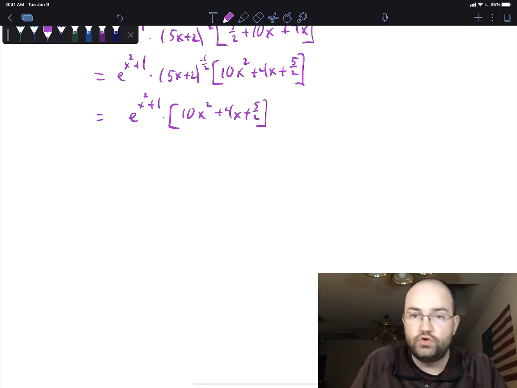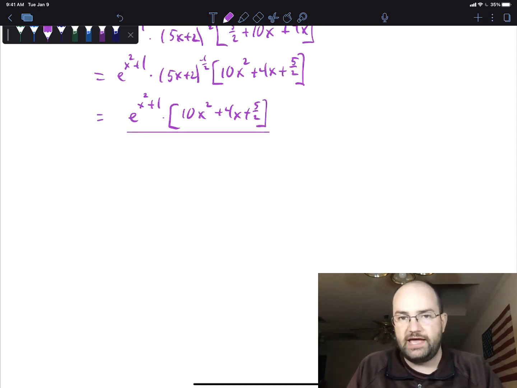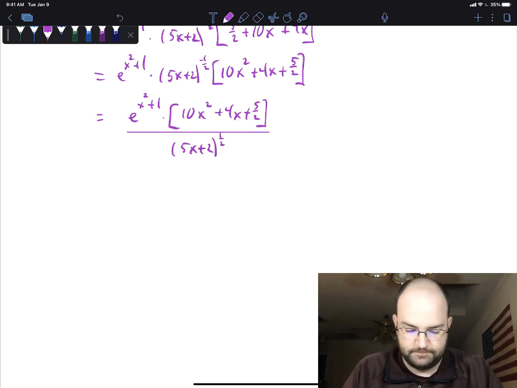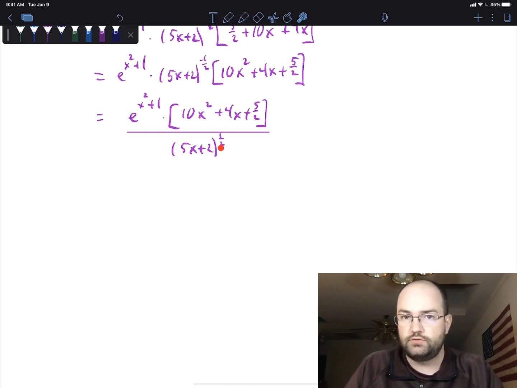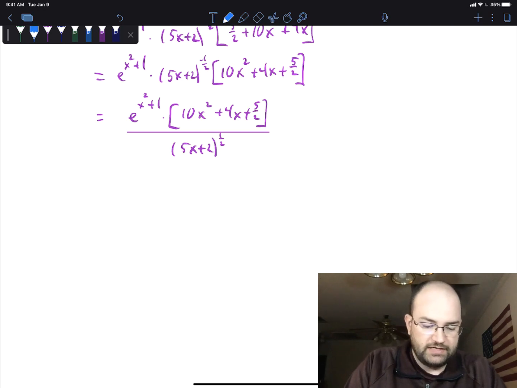That's everything in the numerator, but in the denominator, that term that has that negative exponent goes down there as a positive exponent, making that (5x + 2) to the half power. Notice it's a positive exponent because I moved it from a numerator to the denominator. Excellent.